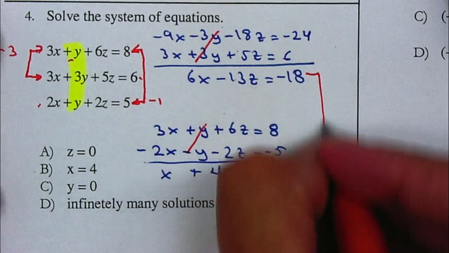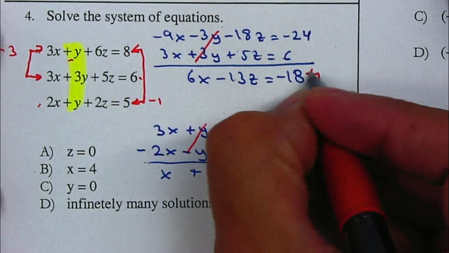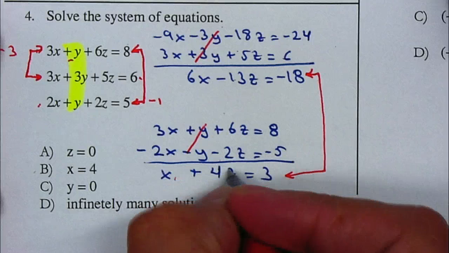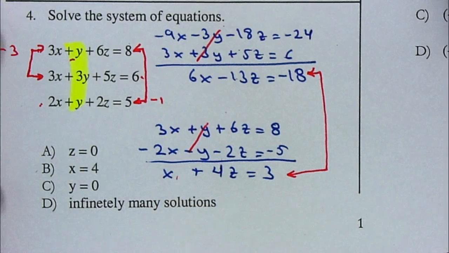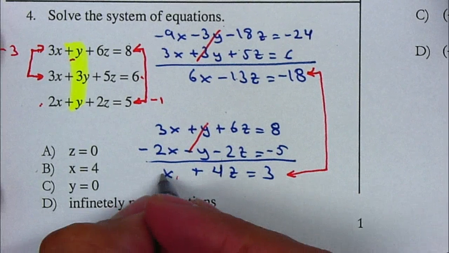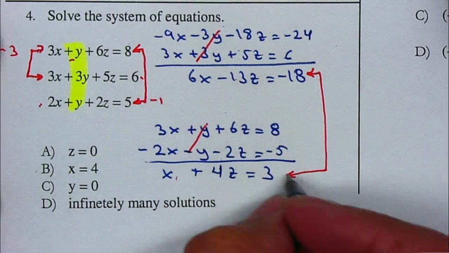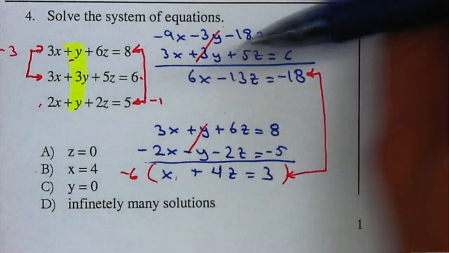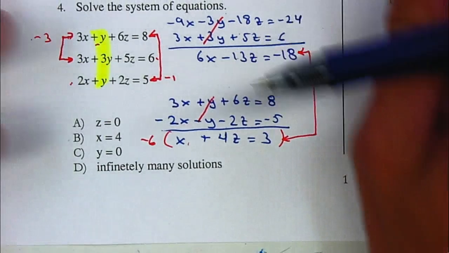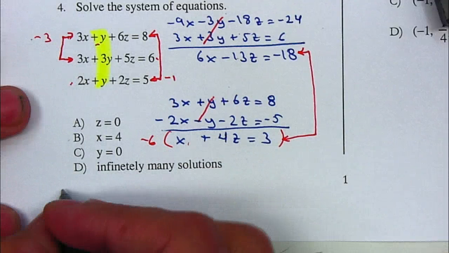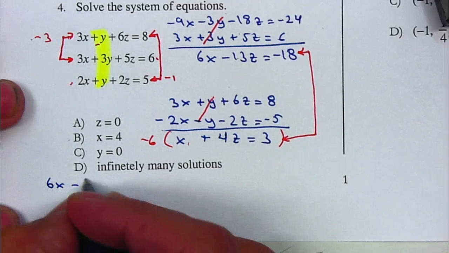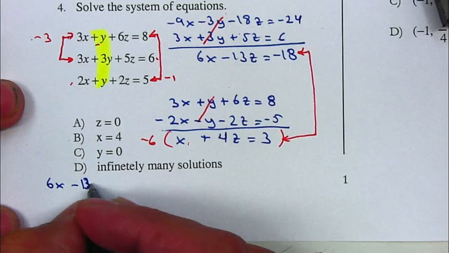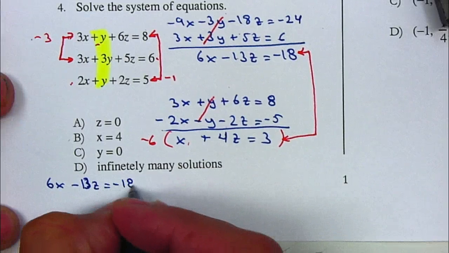I'm going to combine both equations and I want to cancel the x's or the z's. In this case, I'm going to cancel the x's and I'm going to multiply this one by -6 so I can cancel the x's. The first equation will stay exactly the same, 6x minus 13z is equal to -18.